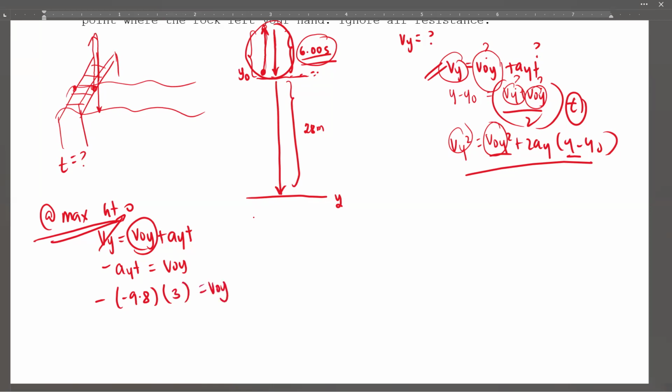And this will give me a Voy equal to 15 point, is it 15? Wait. Oh, wrong. It's 29.4 meters per second.